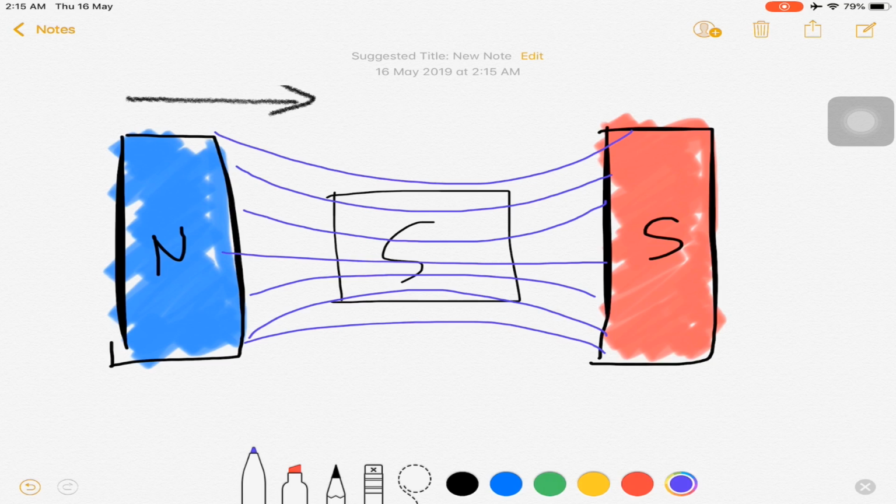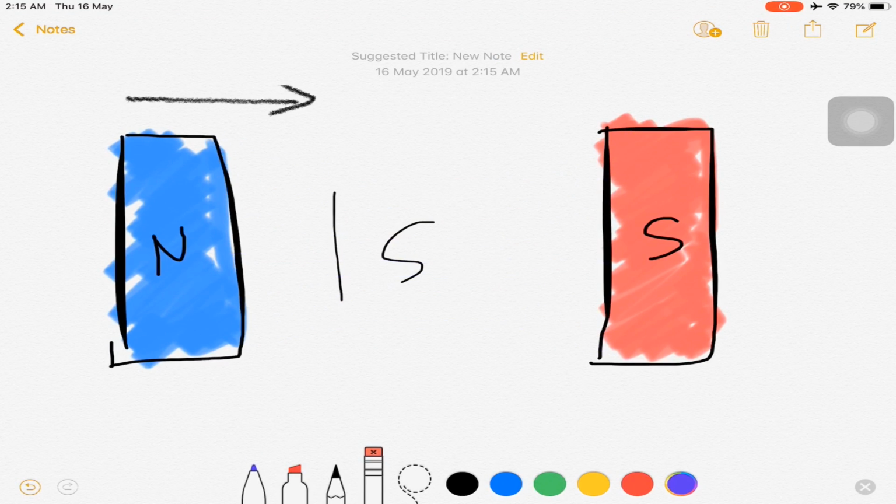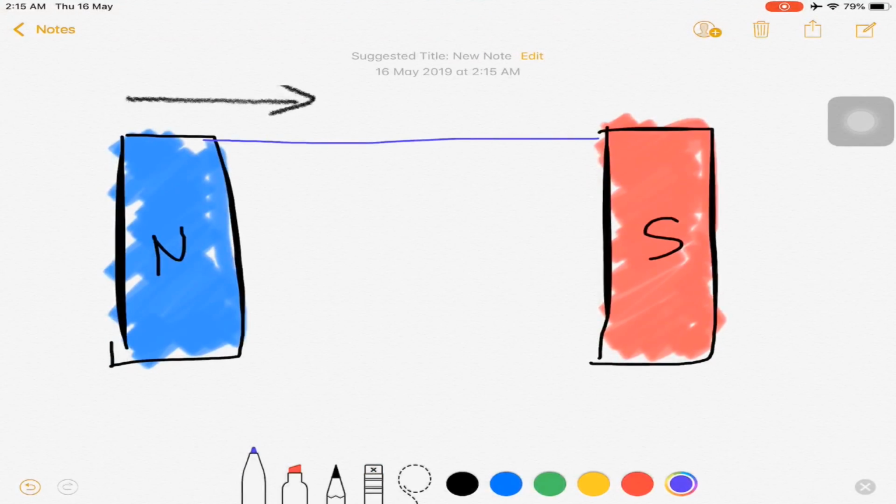Now let's take a look at the diamagnetic substance. This is the magnetic field.